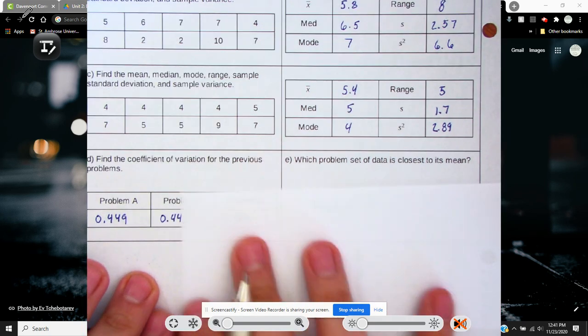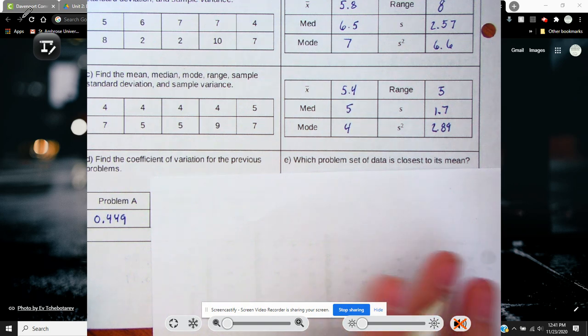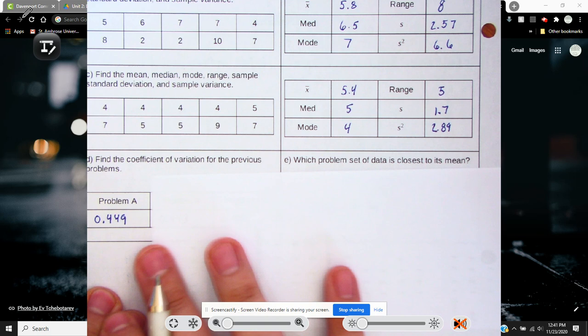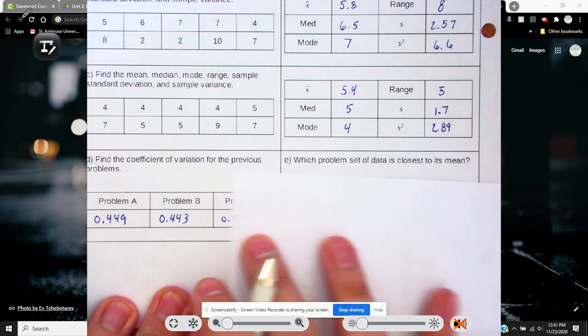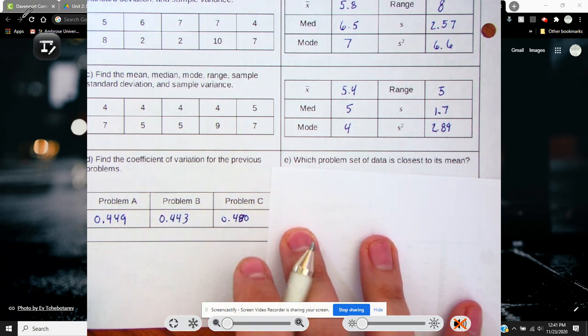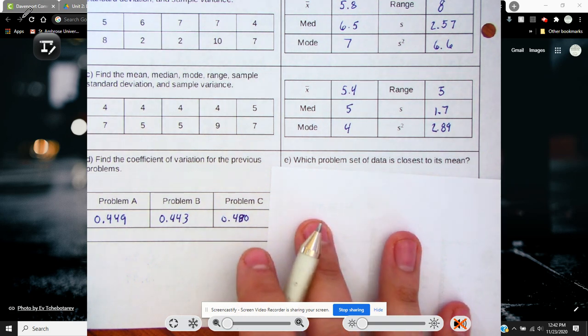Go ahead and do the same thing for problems B and C. For both of those, you should get problem B, 0.443, and problem C ended up being about 0.4799, so rounding it, 0.480.